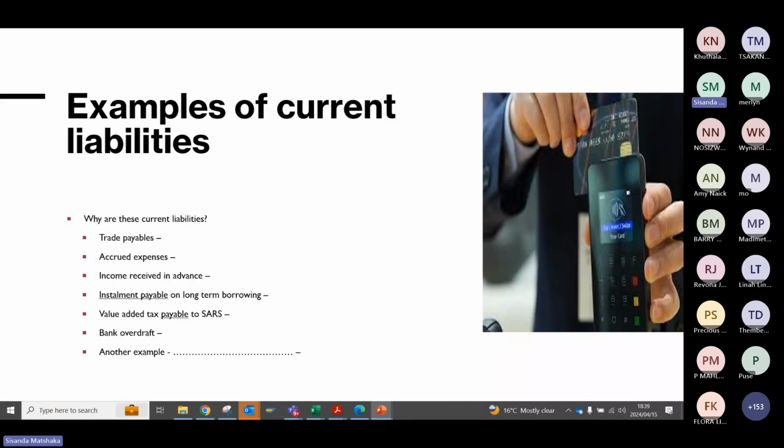It will then move from being income received in advance to being income. And then at the end of your 12 months, that's when you need to prepare. You will see that in most questions, they will ask you to prepare this trade payables or any account normally over a 12-month basis, because that's how reporting is normally done.